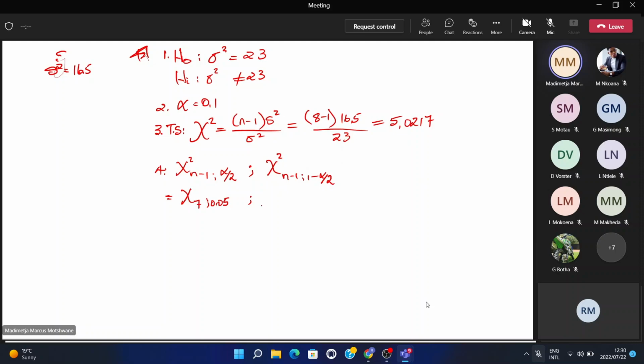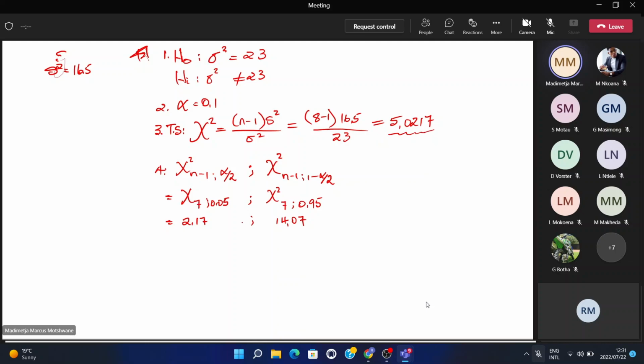And this is against chi-square 7 again, 1 minus alpha on 2 is 0.95. If you check from the chi-square table, you will find 2.17 this side, and this side it will be 14.07.